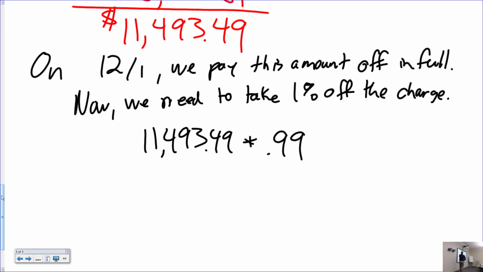Theoretically, how much will we send that transfer over as? Whatever it works out to be. $11,378.55 repeated, 5.5 repeating, so 5.6. Again, round the numbers properly. If it's a 5 after the penny, round that penny up to 6.